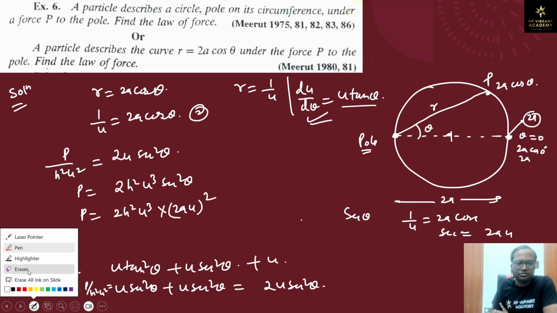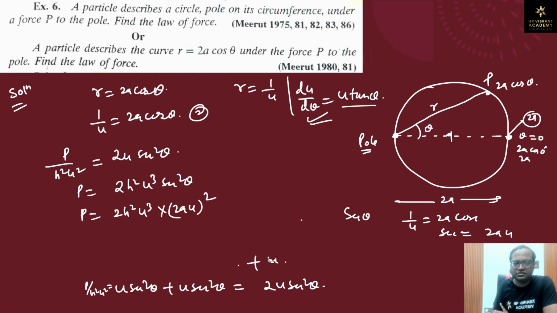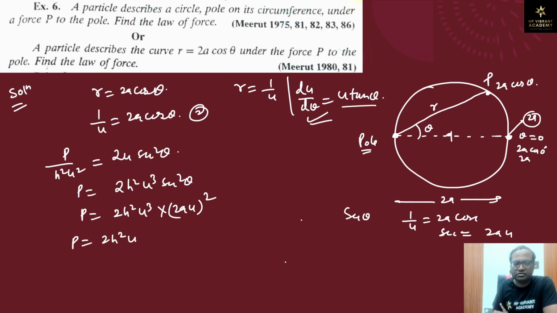Okay, so let us further simplify this. So we have P is equal to 2h square u cube into 4a square u square. So we have P is equal to 8a square h square u to the power of 5.